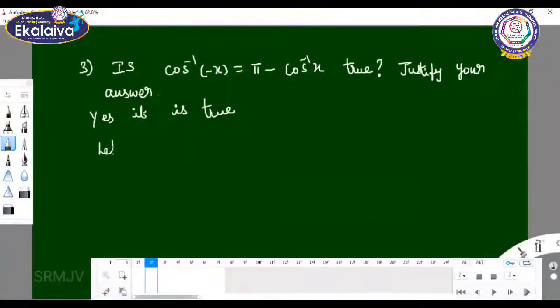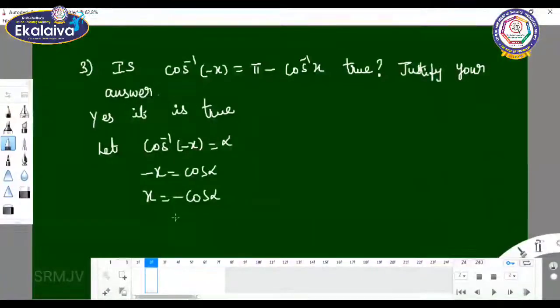Let cos inverse of minus x equal alpha. So minus x equals cos alpha. X equals minus cos alpha.